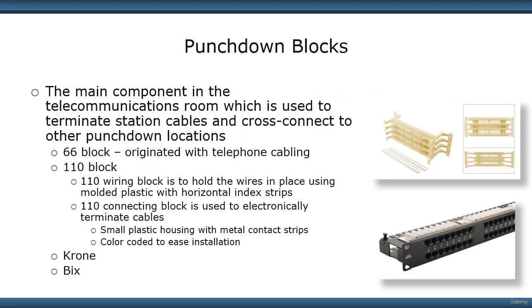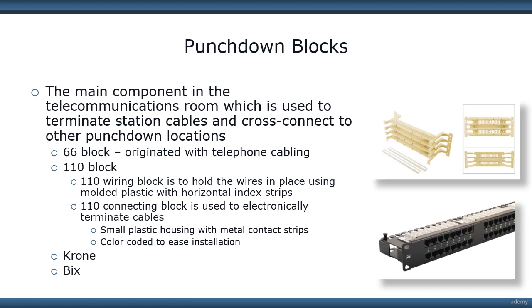We'll take a look at a couple of these. The punch down block is the main component in the telecommunications room, which is used to terminate station cables and cross connect to other locations. The original was a 66 block. It originated with telephone cabling. Now we have a 110 block. It's used to hold wires in place using a molded plastic with horizontal strips. It's difficult to see with these images, but you see it on the back end, and then on the front end of the patch panel, we see just a bunch of ports.